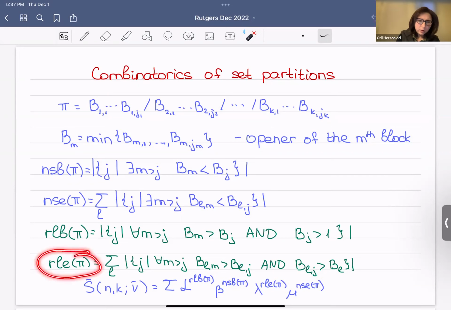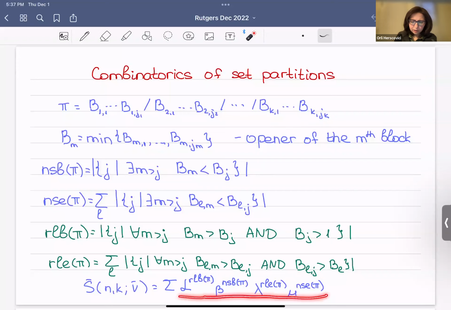And in a similar way for the elements inside of blocks: again, we enumerate all minimum elements from right to left, on condition that these elements are different from the minimal element of the same block. And now we define the function S bar depending on indices n, k and parameters alpha, beta, lambda, mu. Here we enumerate our statistics RLB, NSB, RLE, and NSE.